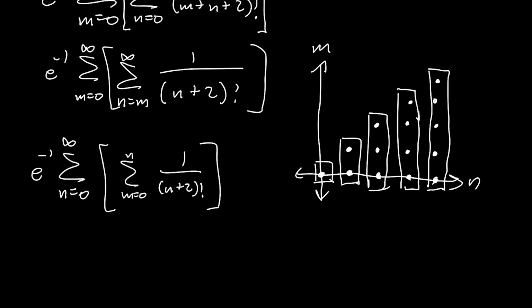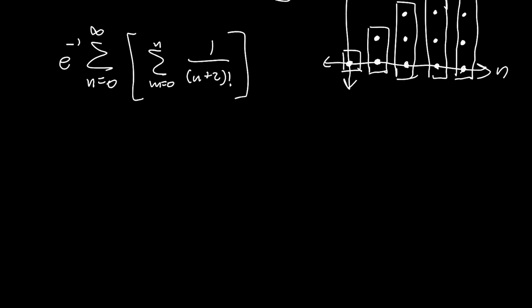And since this is a finite sum now, we can just evaluate it normally. So we've got e to the minus 1 times the sum from n equals 0 to infinity. And this sum here is just going to evaluate to n plus 1 over n plus 2 factorial.